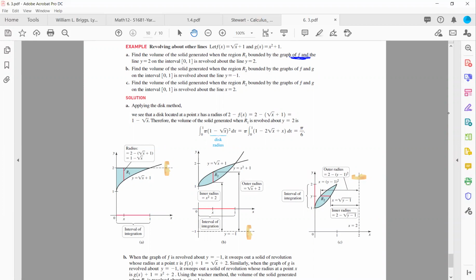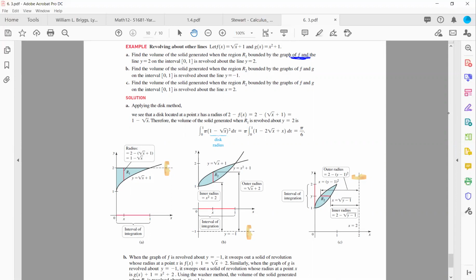About y equals 2. So what is the radius? The radius is 2 minus the function.